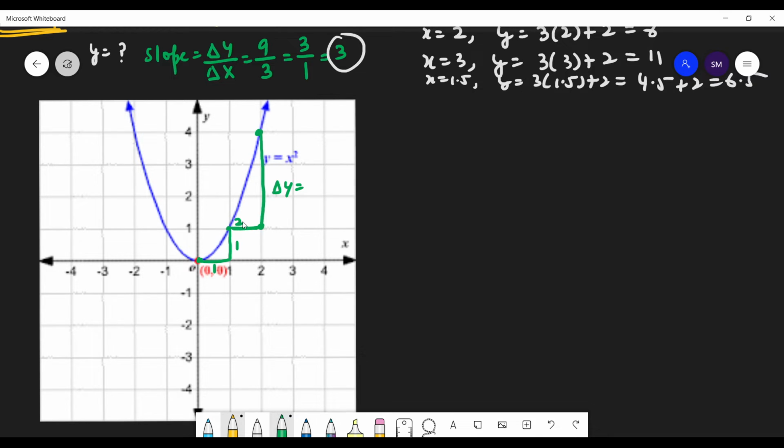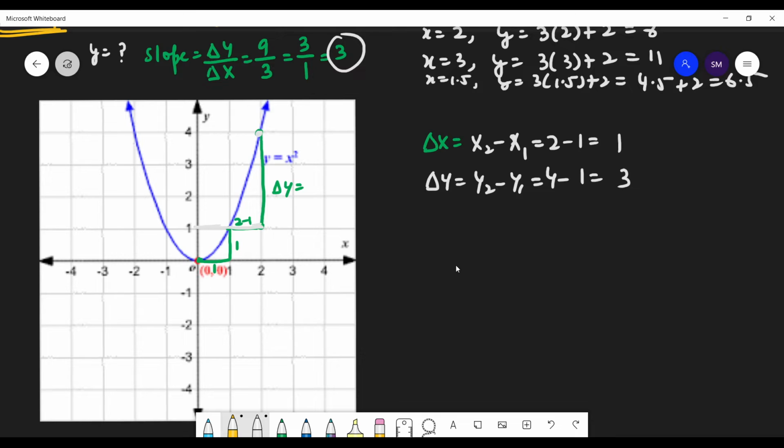2 minus 1, final minus initial. So delta x is final minus initial. Here final is 2, initial is 1. So change in x-axis is 1. How much is the change in y-axis? Final y is 4, minus what was the initial? 1.